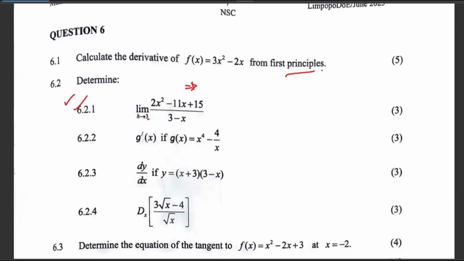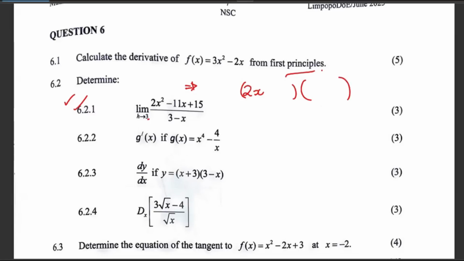So for us to answer this, we just need to factorize out what is common, meaning we're going to have a 2x. For us to get 15, we need the 5 and the 3.